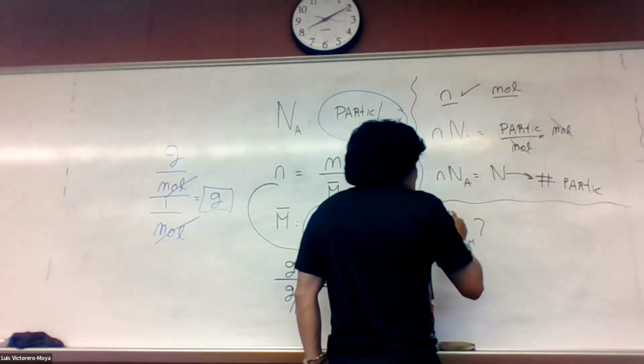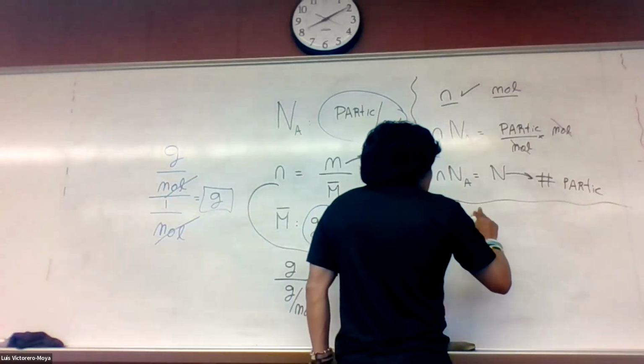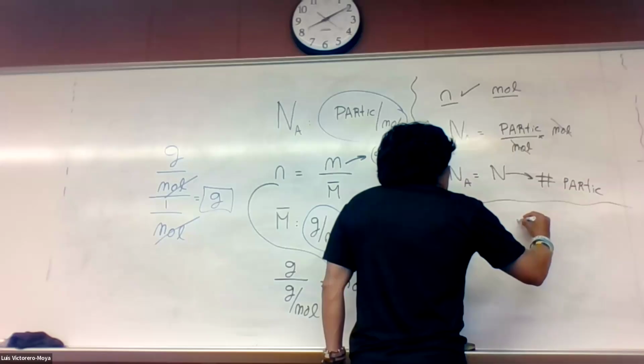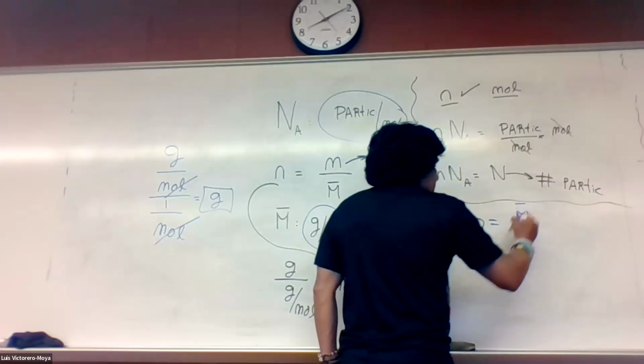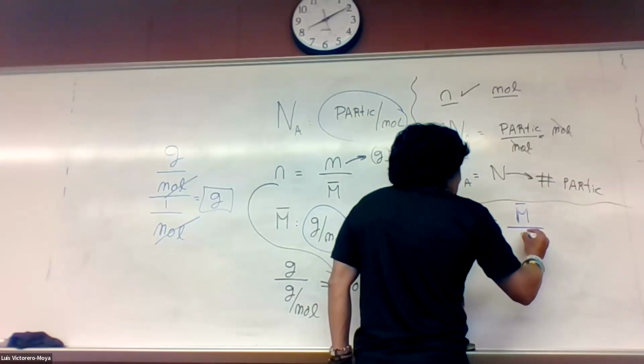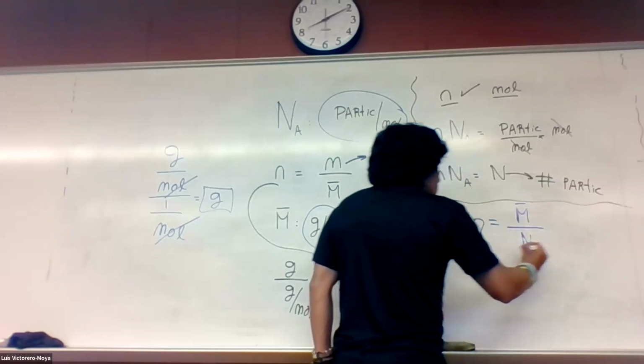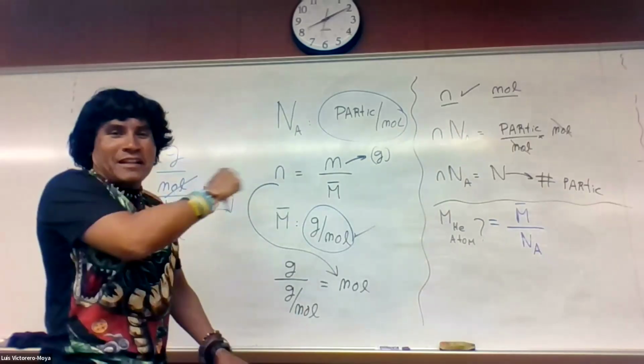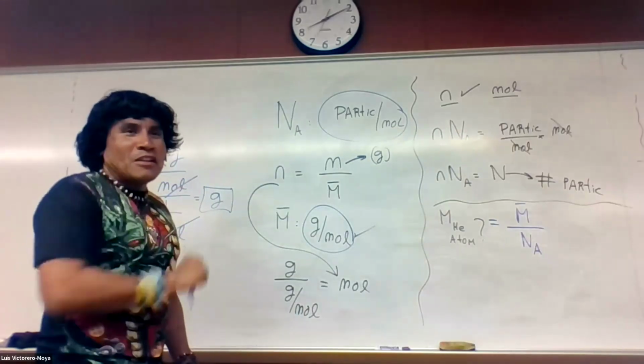So to find the mass of an atom, I can just take the atomic mass of the element divided by the Avogadro number. I don't know how many of you knew that, but if you didn't, now you have it.